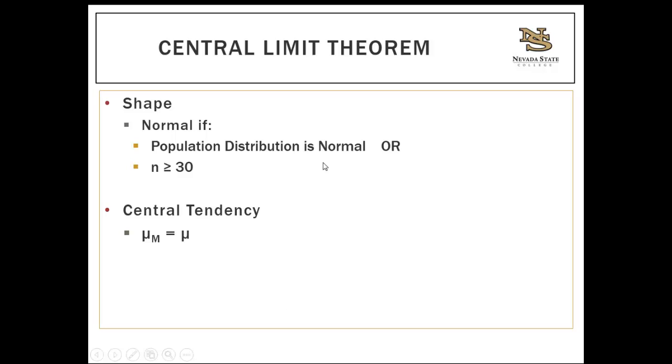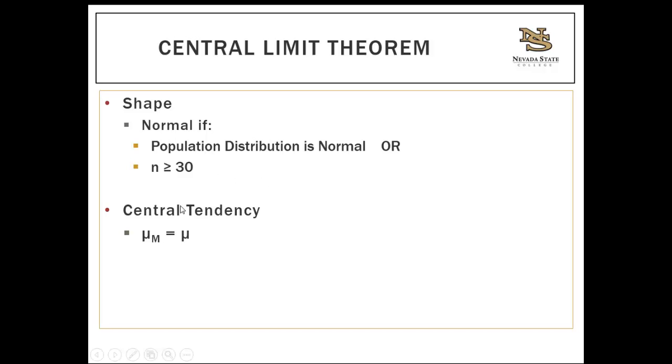So luckily we have this thing called the unit normal table that allows us to figure out specific scores or means associated with probabilities and specific probabilities associated with scores or means. And that unit normal table is only accurate when you have a normal distribution. So thank goodness the statistical gods shined down upon us and gave us this sampling distribution in the central limit theorem where we almost always have a normal distribution. It's a beautiful thing.